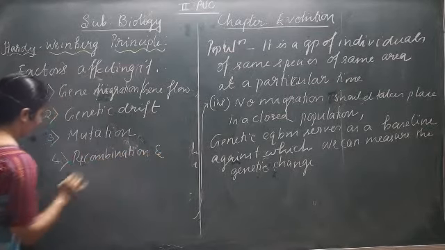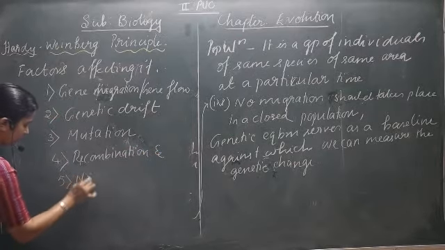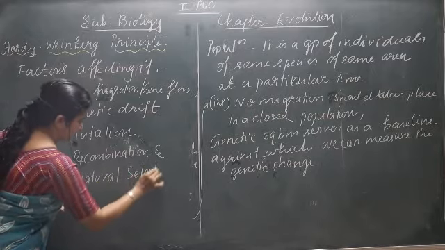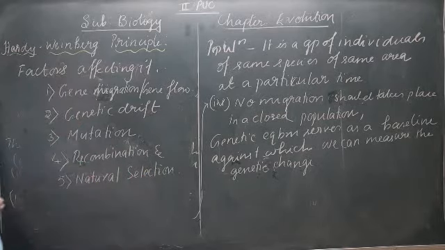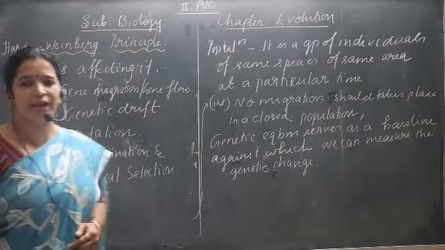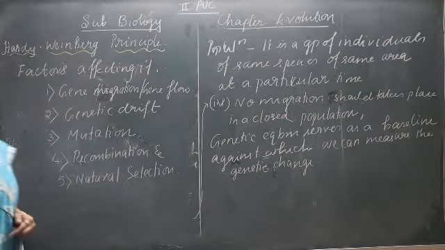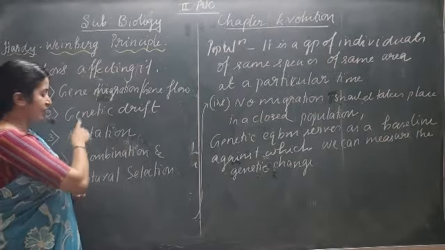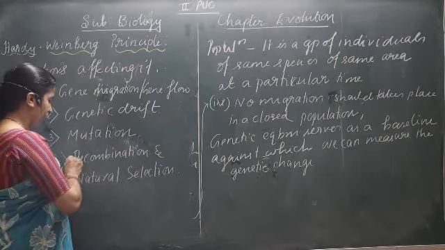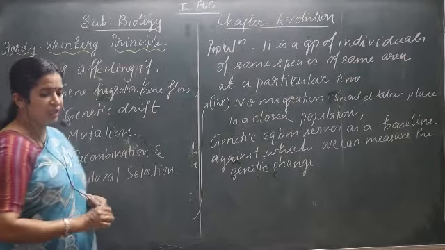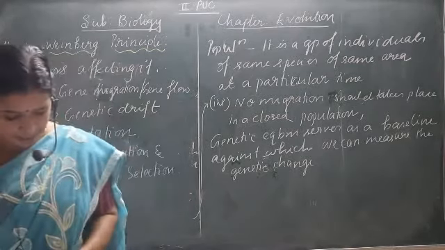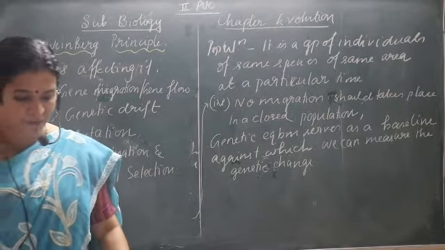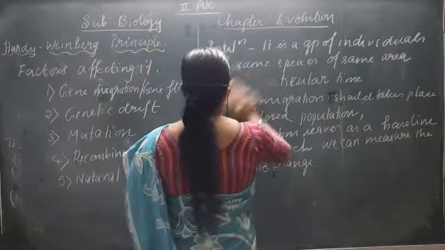And the fifth one is natural selection. So these are the 5 factors affecting the Hardy-Weinberg equilibrium: gene migration or gene flow, genetic drift, mutation, recombination and natural selection. Let us understand one by one how these factors affect the Hardy-Weinberg principle.